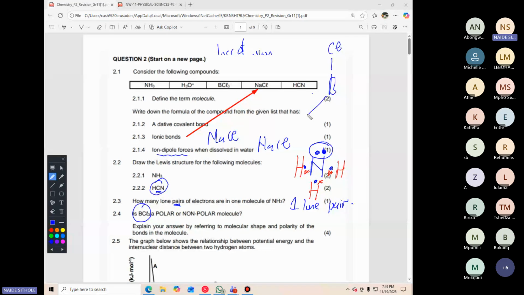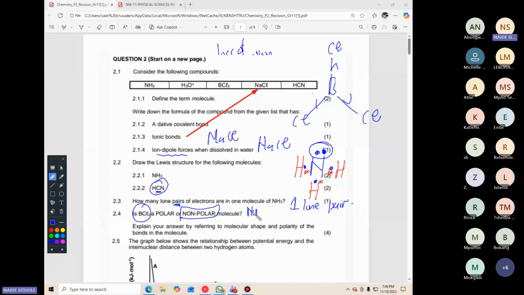Meaning in that way, there's even distribution of charges like this. So it is a non-polar molecule. We can say it's a non-polar molecule. Non-polar.